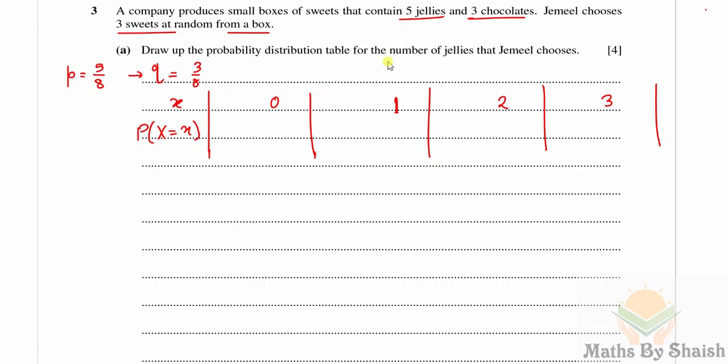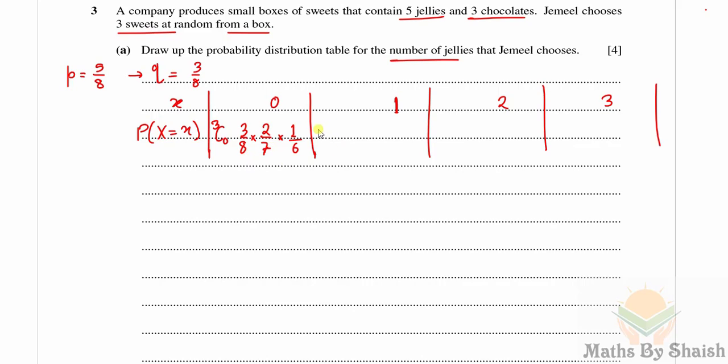For the case when the number of jellies is 0, it means all three times Jamil got chocolate. So it is 3C0. For the first chocolate it is 3 over 8. For the second, which is of course not jelly, it is going to be 2 over 7 because 1 has been removed, and the last one is again 1 over 6. It's not getting replaced, so every time it is reducing.